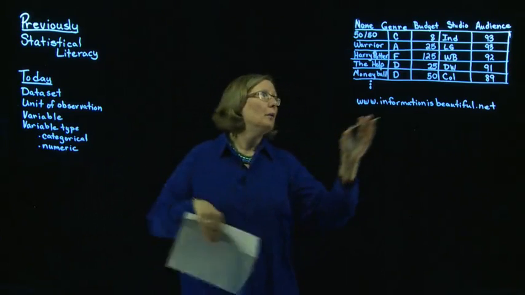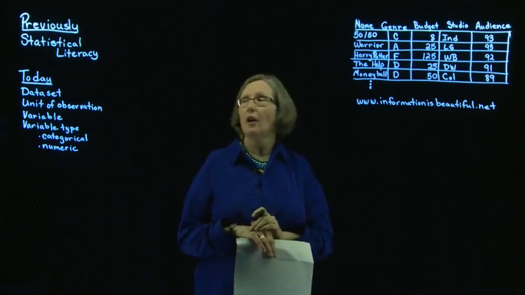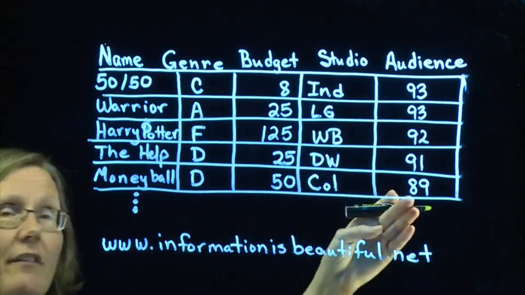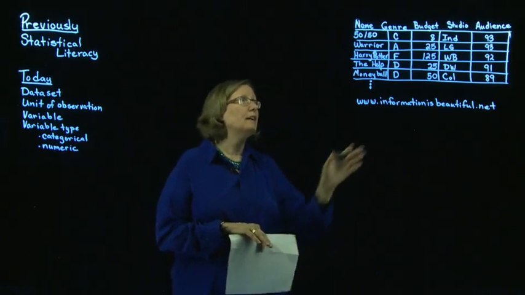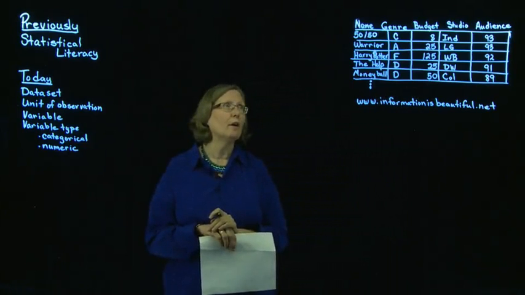The other variables, budget and audience, as well as some others in the data set, are numeric. You'll see that they actually take numerical values, which we could put on a number line and that we could think about doing mathematical operations for. I've presented just 5 of the variables in this data set that has 15 to 20 variables.